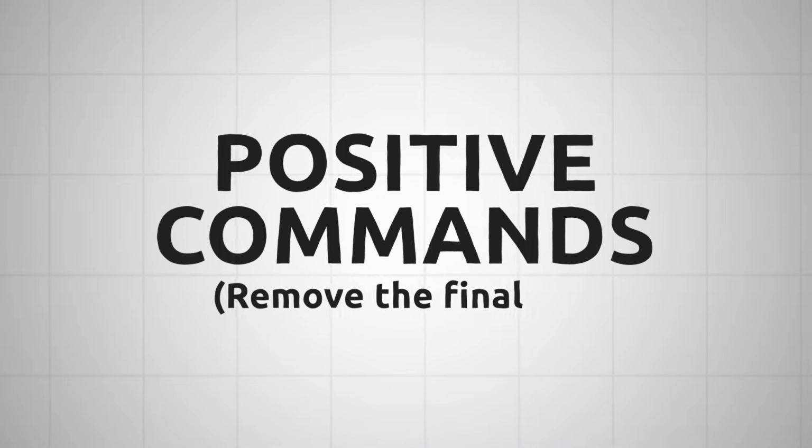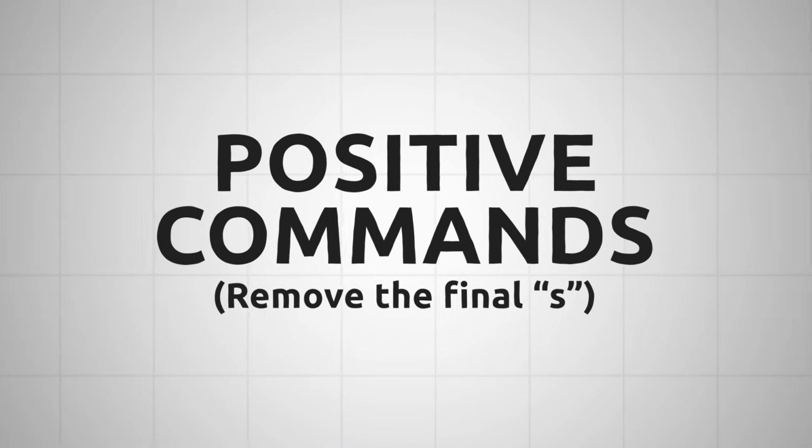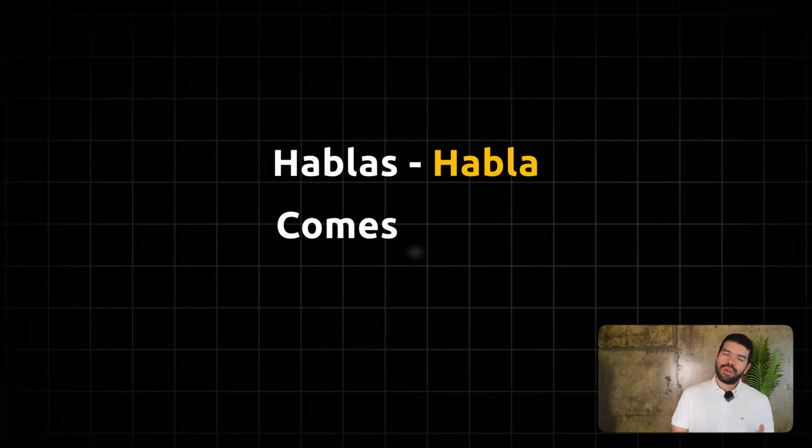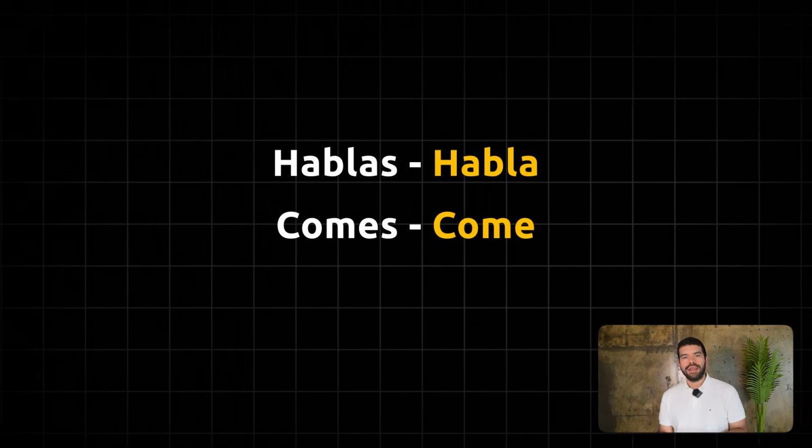These are exactly the kinds of commands you'll hear in stadiums, sports bars, living rooms, and broadcast through the Spanish-speaking world. If you haven't watched a soccer match in Spanish, I highly recommend you do it. It's fantastic. Okay, now let's look for the pattern. A positive command, remove the final S. Hablas, habla. Comes, come.